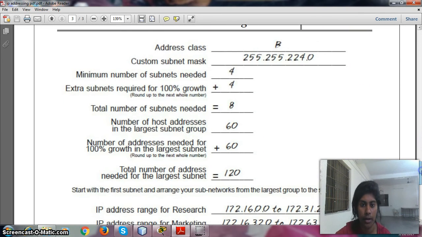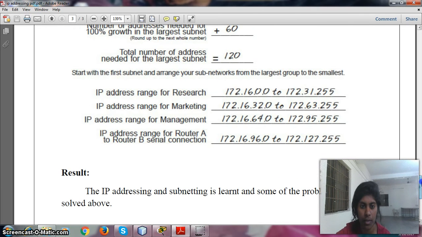And here for the address class B, 255.255.255.0 according to the problem, and the subnet is 4, and the growth is 4, and the subnets needed is 8, and the number of hosts is 60, number of addresses is 60, and the total number of the largest subnet is 120.